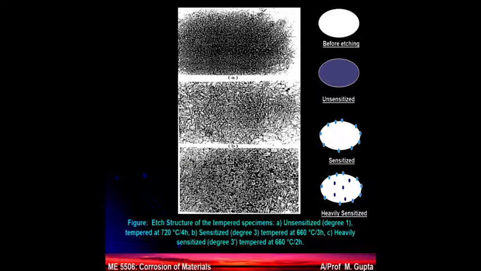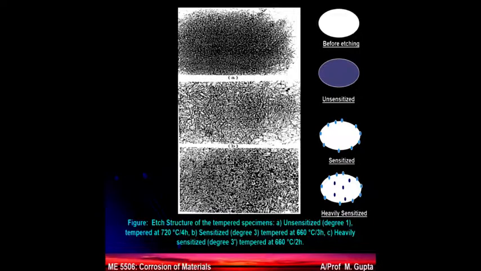Now if you expose that to a solution, the solution will corrode the surface uniformly. If it is doing that, that means there is no precipitation of the grain boundary precipitates which lead to the intergranular corrosion.